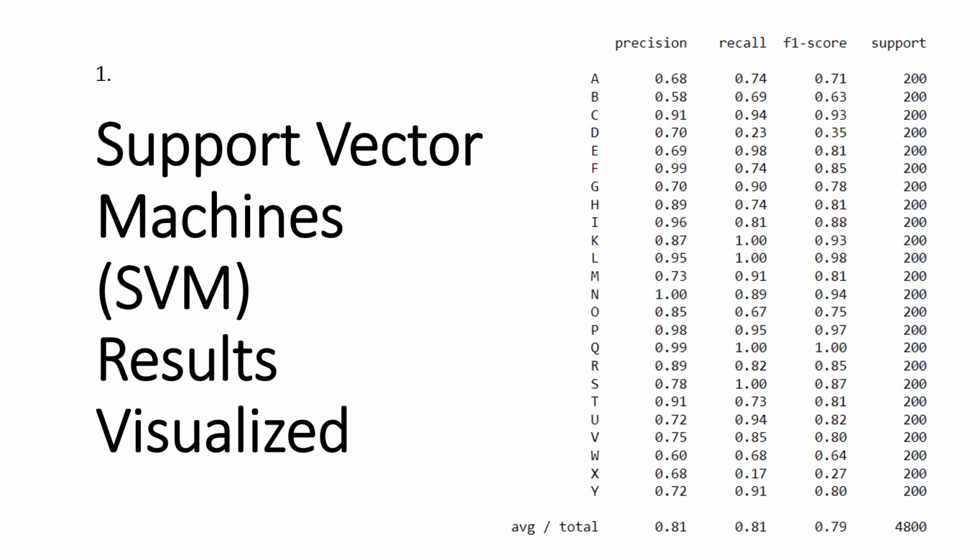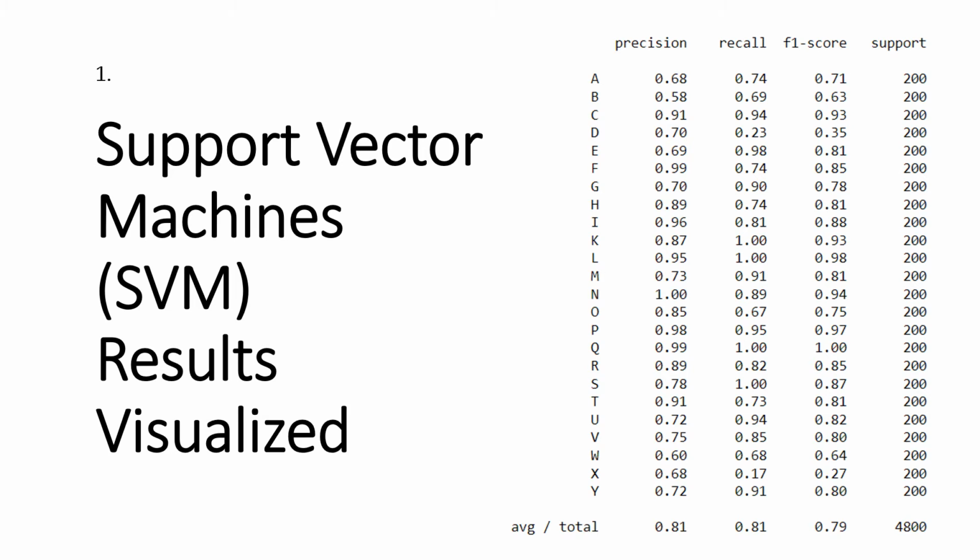Some letters that were not classified as accurately as we would have liked were B, D, G, M, U, V, and Y, that were only classified correctly between 50 to 75% of the time. We can also see that some of the letters, such as the letter L, had a very high score for precision, recall, and the F1 score.